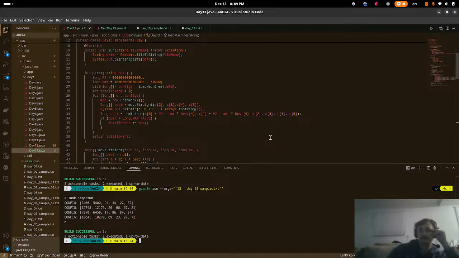If we have to target at 0, if we find negatives, we've gone too far, it's impossible, so it's infinity. Otherwise, try pressing button A, in which case you can show there's X minus AX, Y minus AY, at cost of 3, or try pressing button B, in which case you can show there's X minus BX, Y minus BY, at cost of 1. So try those two possibilities, memorize it so it's fast, and then just solve.